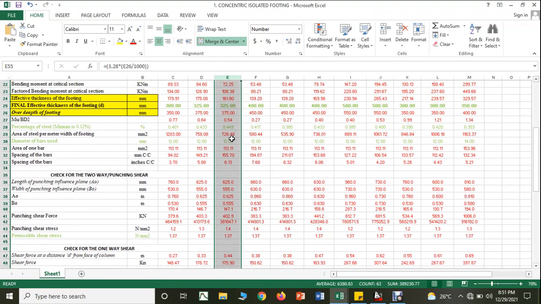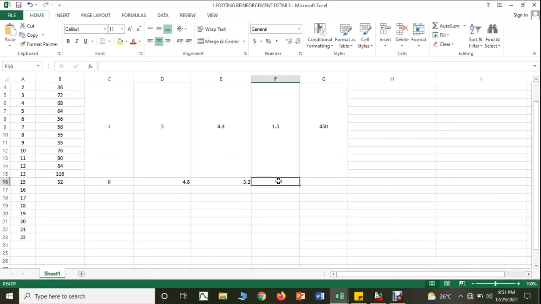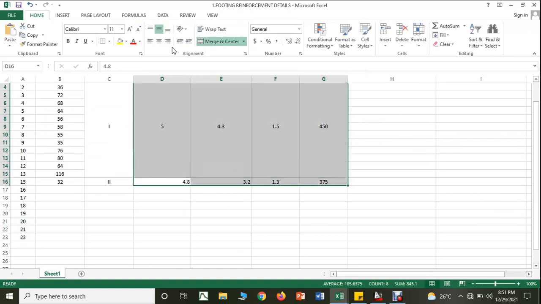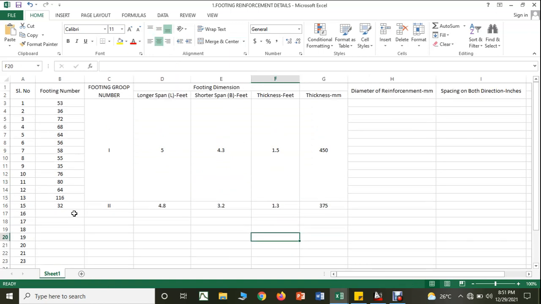1.3 feet means your thickness in mm will be 375 mm. So 1.3 feet is 375 mm, and that is my second set.